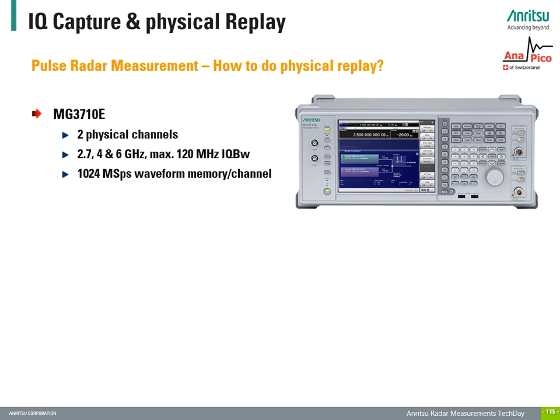Different frequency versions of 2.7, 4, and 6 GHz qualify this unit as a workhorse of any kind of cellular-based applications. It's worth mentioning that this device offers two physical, independent RF channels together with a deep waveform memory of 1024 megasamples per channel and a maximum IQ bandwidth of 120 MHz.